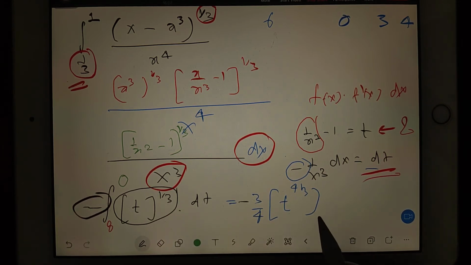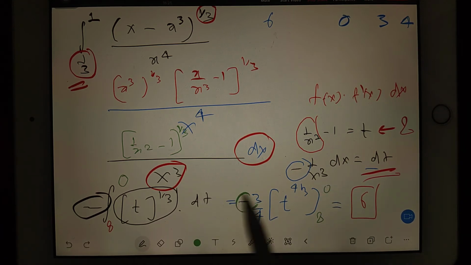Then you put your limit as 8 to 0. For 0 the answer is 0, and then the minus 8 part will come. Here you may make a mistake. When you substitute this, the final answer 6 will come. Because the upper limit is less, it will give you a negative answer, and because of this negative, the final answer becomes positive.